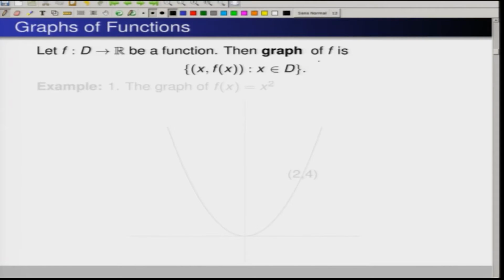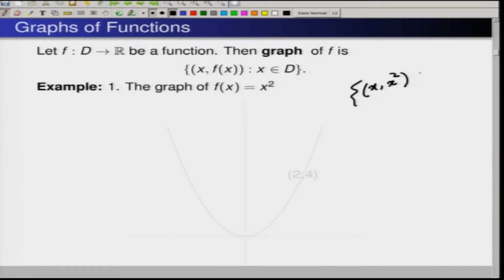So when x varies over D, the domain, this is going to be a subset of the plane. Let us see how to draw this. Suppose I have f of x equal to x square, that means the function is from R to R and x belongs to R.